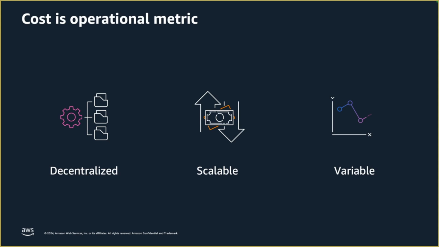Then cost is scalable. Cost can go up and down with the scale of your business. So it's actually good news that by optimizing the cost of your workloads, you can overall reduce your TCO and increase the business margins. And cost is also variable.